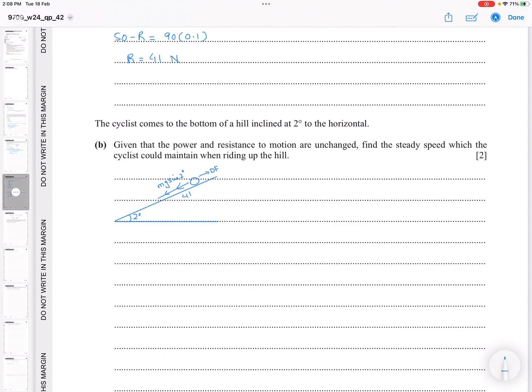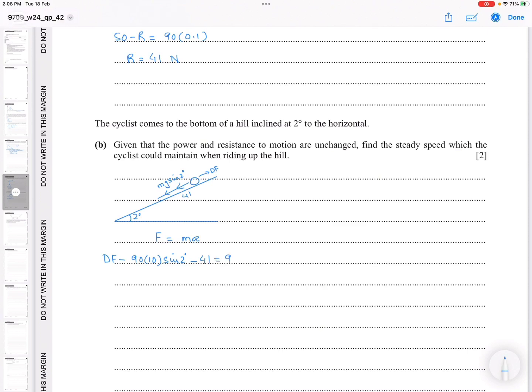So again use F equals ma. So our F is driving force minus mg sine 2 degree, which is 90, g is 10, and sine of 2, minus 41, the resistance force, is equal to ma.